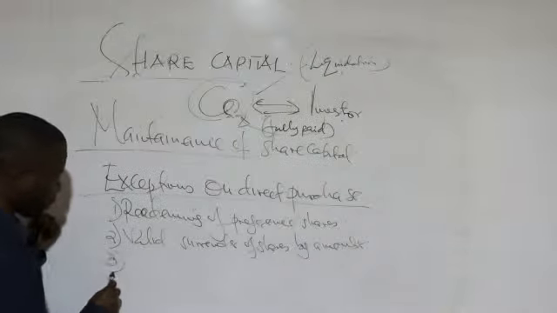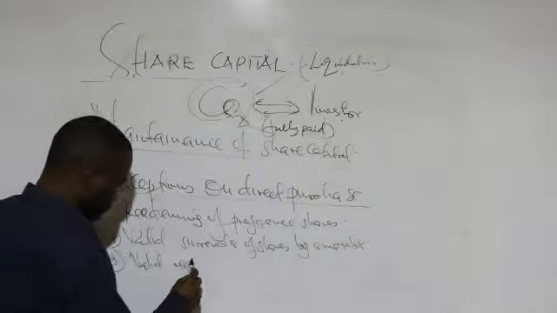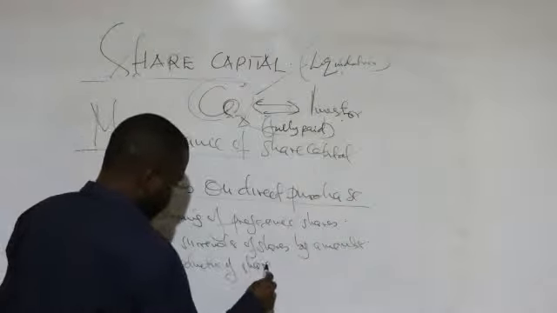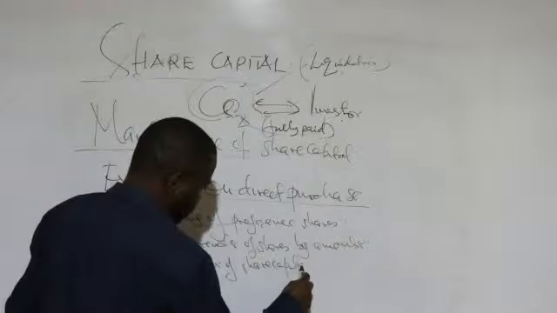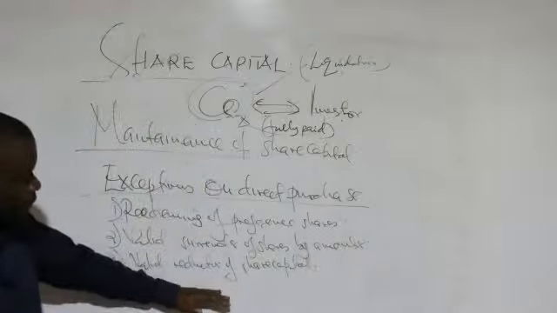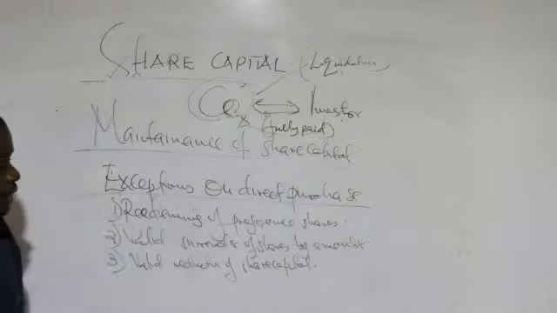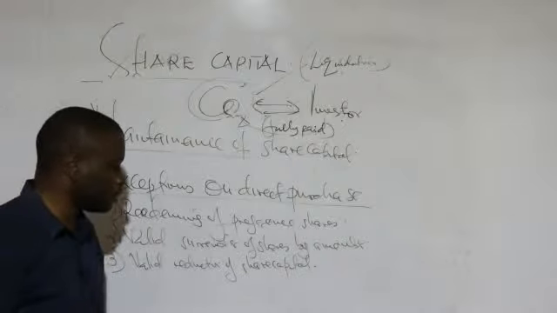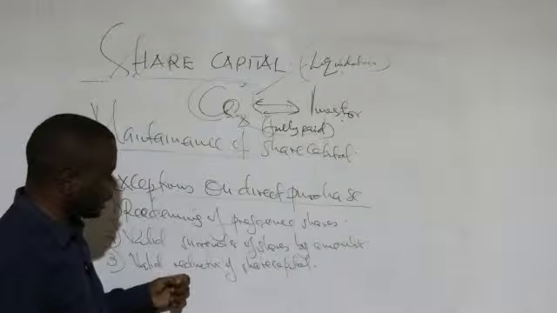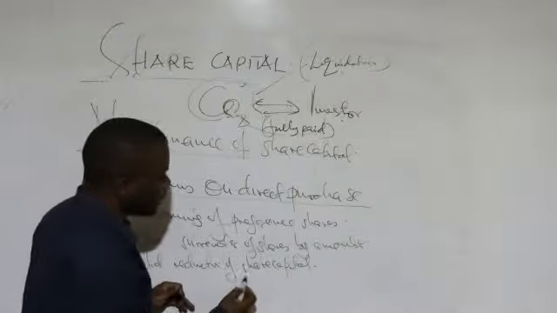We're going to look at reduction of share capital, valid reduction. From the word reduction, the company is reducing its share capital. It decides to reduce its share capital. But of course, there are certain procedures that must be followed before it can do so. So if the company has followed the correct procedures, then it can buy back its shares and reduce its share capital.